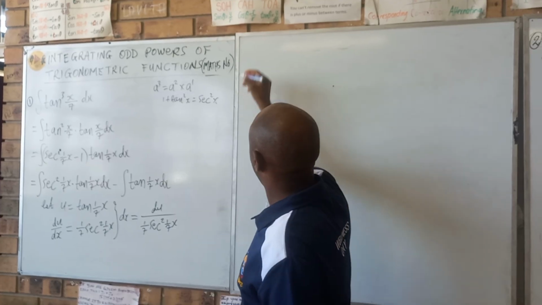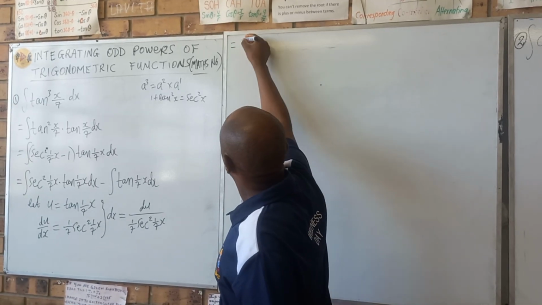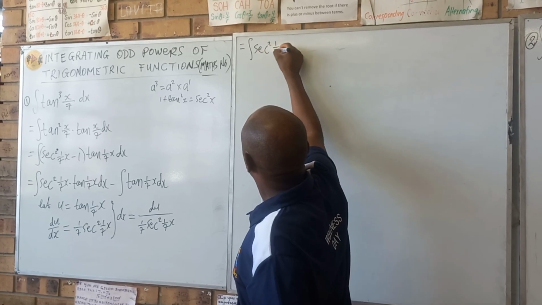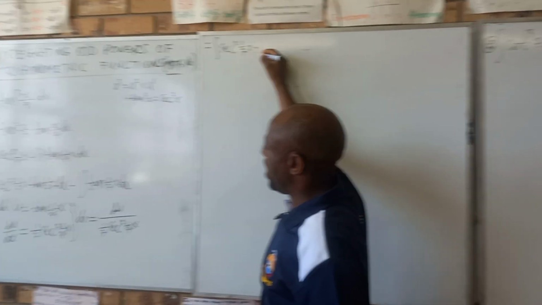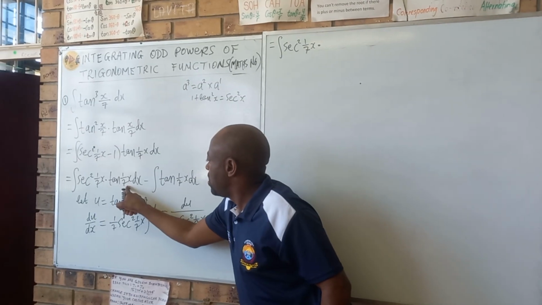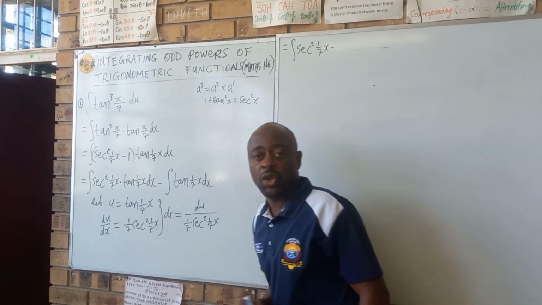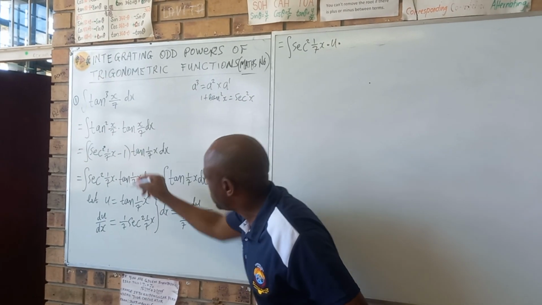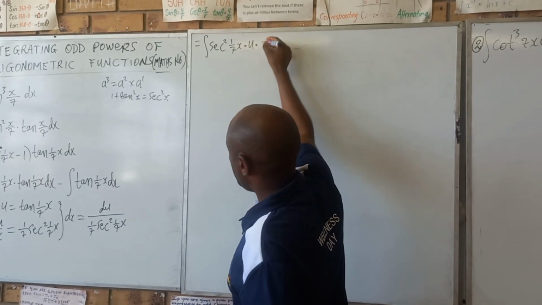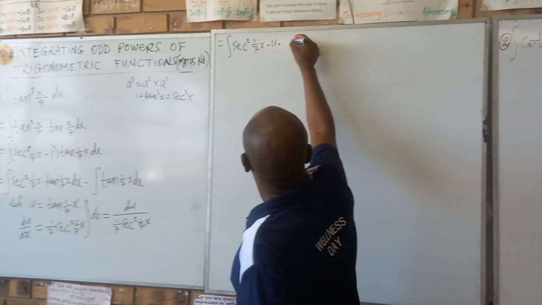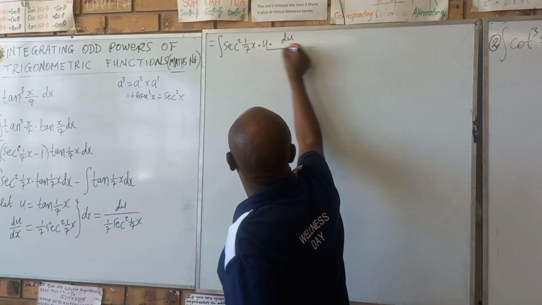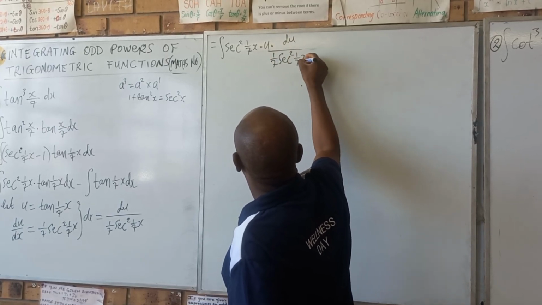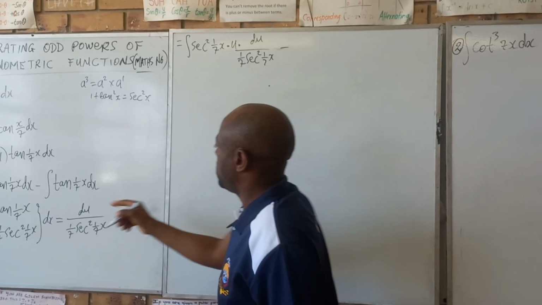If I go back now to my integral, it will be the integral of sec square 1 over 7x multiplied by tan 1 over 7x, which we call u. That becomes my u. Then multiplied by dx, my dx is now du divided by 1 over 7 sec square 1 over 7x, then minus this other integral.